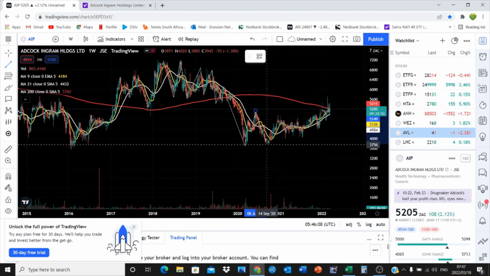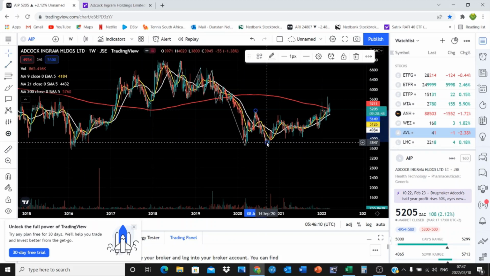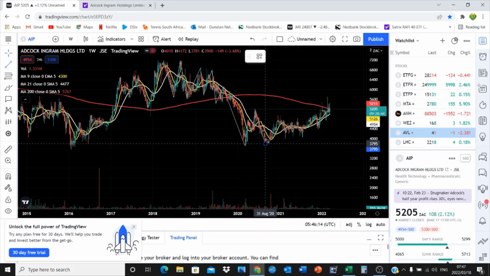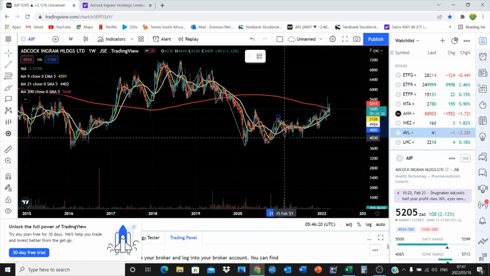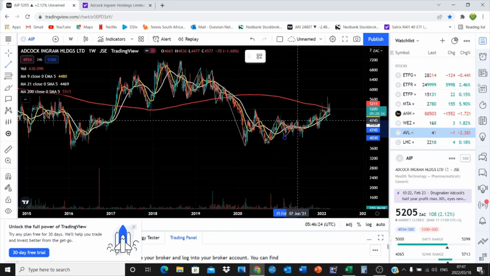But then there was a huge sell-off again, so it's obviously testing this level down here again. What I'm doing is not an exact science, it's just to give me a clearer understanding of how price has been moving, where it's swung.